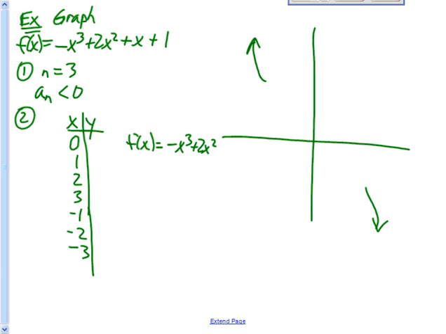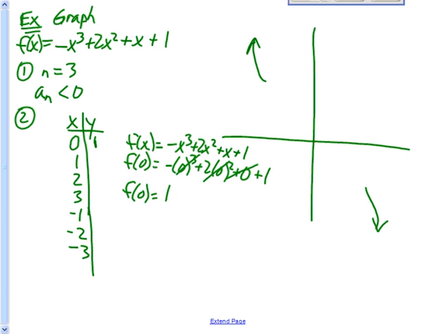Little by little, you're going to see what this thing looks like, a little bit of the behavior. So we're plugging 0 in. Of course, that clears out all those x values. Gone, gone, gone. You've got the 1, so f of 0 equals 1. So 0, comma 1. Put that on the graph.